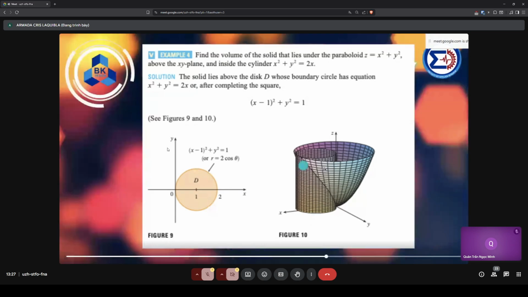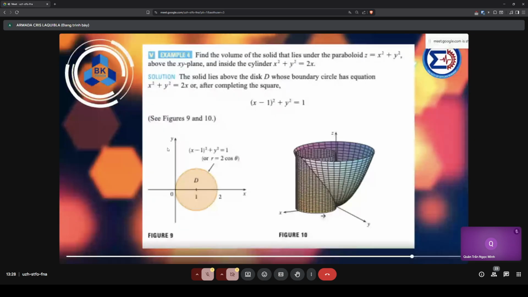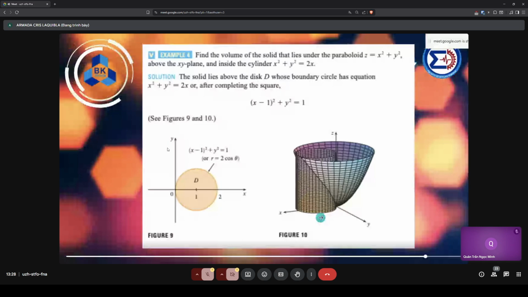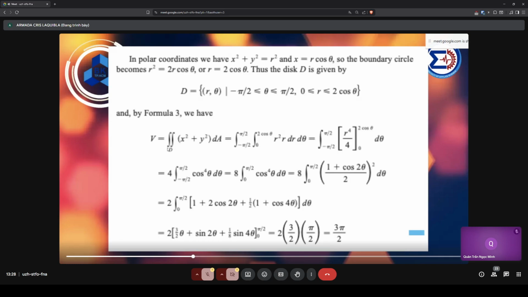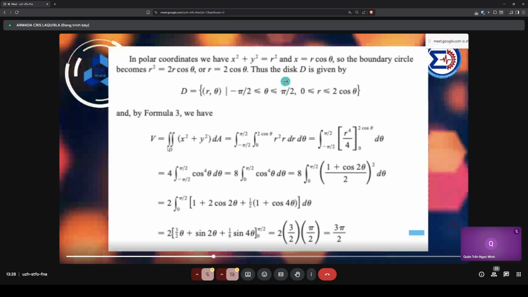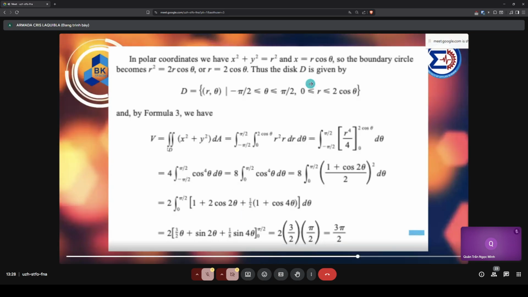So look at the degrees, the theta. The theta is from negative pi over 2 to pi over 2. That is your disk D there at the lower part. Okay? Now we solve this one.